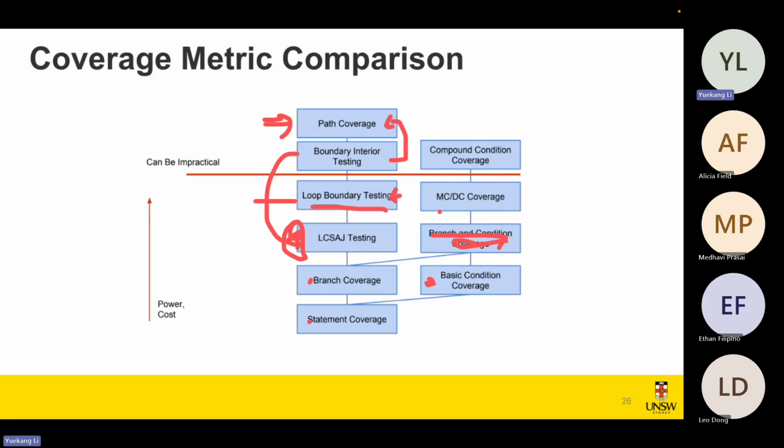And MCDC applies some restrictions to compound condition coverage, which can give us a smaller number of test cases. So this is a basic comparison of all the coverage metrics we have learned so far.